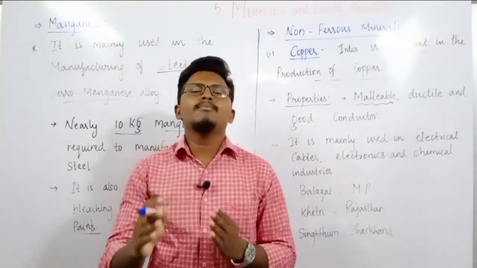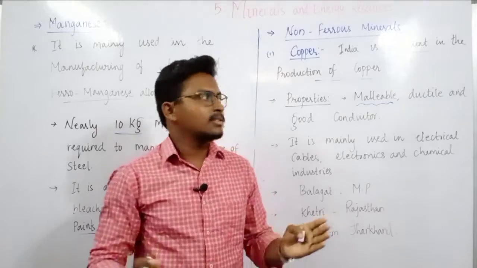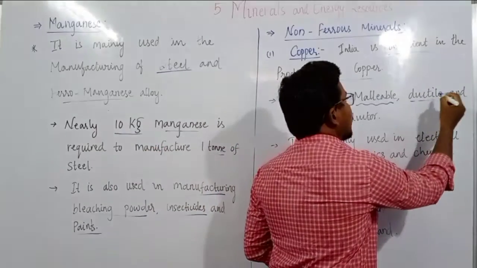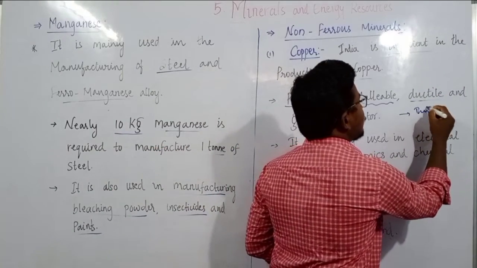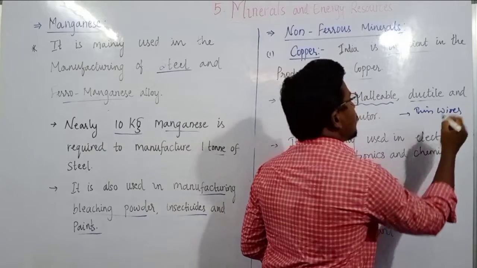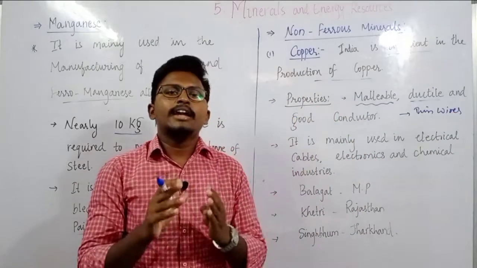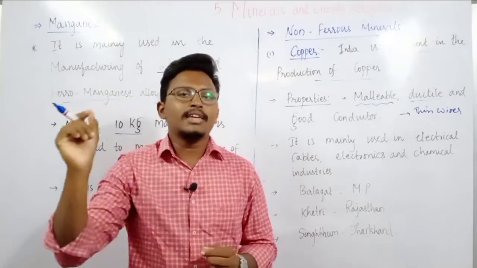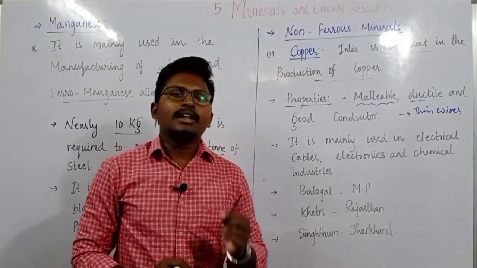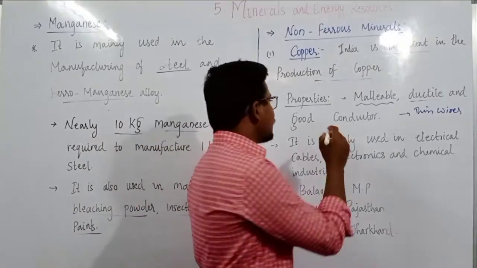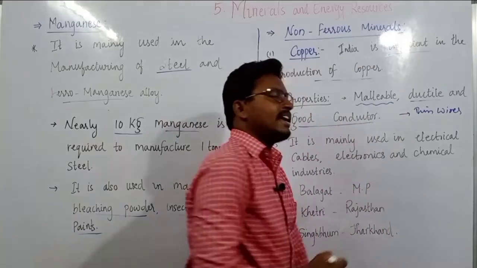Malleable means we can mold it in our own ways. Then ductile means it can be easily made into thin wires. So a very important property of copper is that it can be made into thin wires which are used in electrical cables, and at the same time it is a good conductor of heat and electricity.